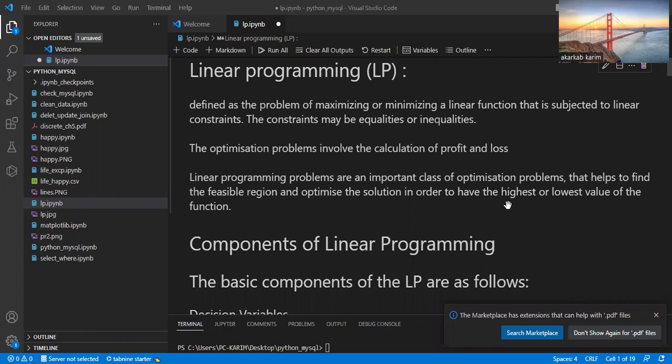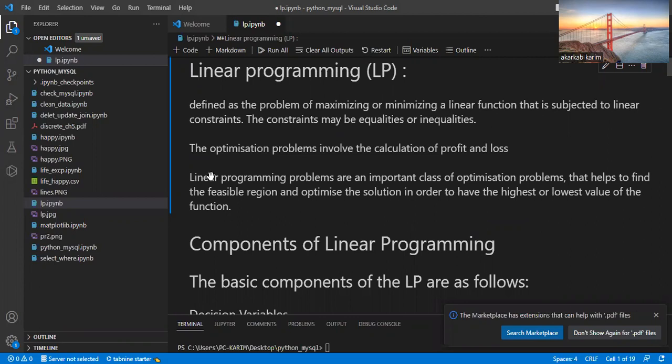Today I will discuss with you one of the pillars of data science, one important topic. That's what's called linear programming. Well, let me first give you a definition of programming and why it's coming.